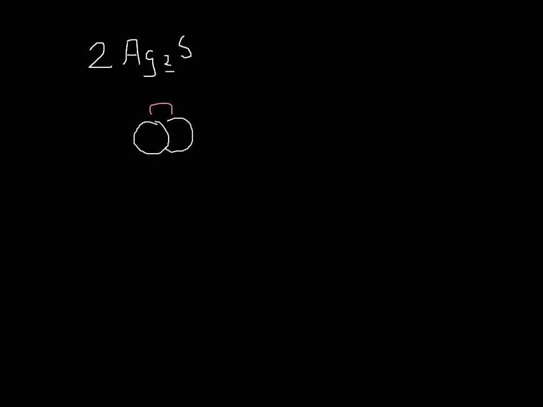The coefficient tells us that there are 2 of these molecules. So let me draw one more. And that's what this 2 just says, that there are 2 of these molecules in the chemical equation.